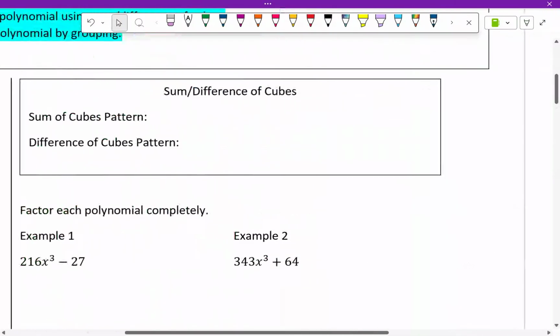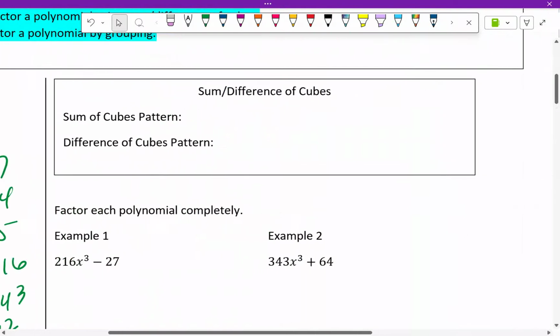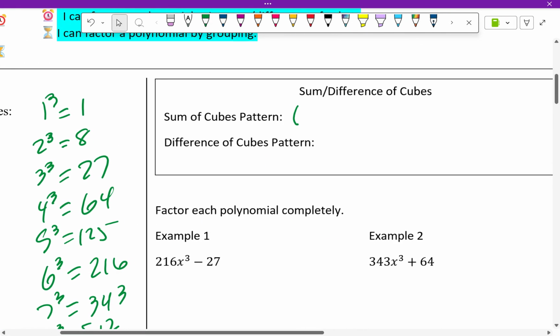All right, so here comes the sum and difference of cubes pattern, okay? It's going to look like a cube plus or minus a cube. So it's going to be something cubed plus something cubed, or minus something cubed.